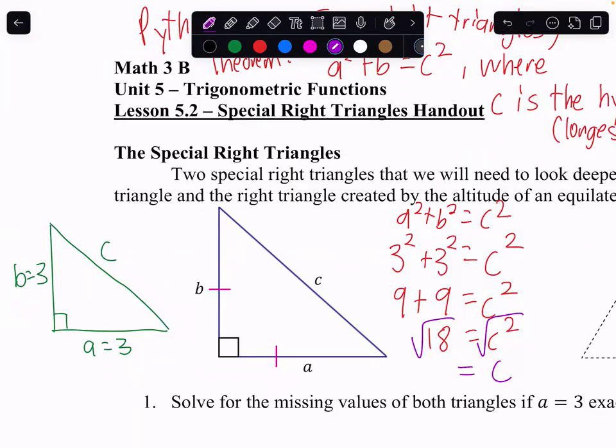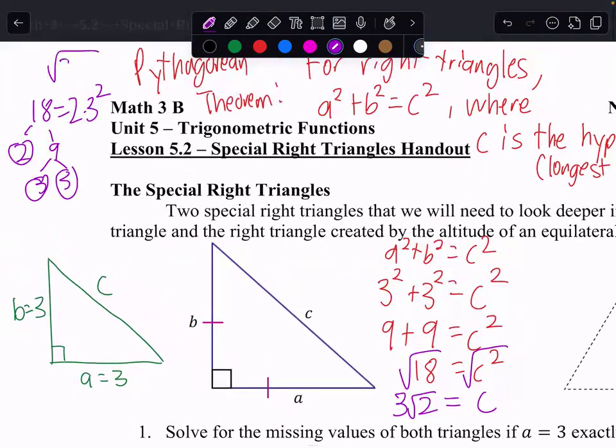Let's see if we can simplify the square root of 18. 18 is equal to 2 times 9, which is 3 times 3, so 18 is 2 times 3 squared. We can take the 3 out and leave the 2 inside.